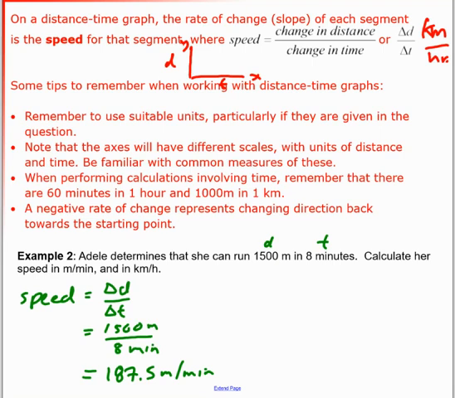I find that there's no easy way to jump from meters per minute to kilometers per hour. So we will do that one separately. First, what you need to do is convert. Okay, so 1,500 meters divided by 1,000 turns into 1.5 kilometers.